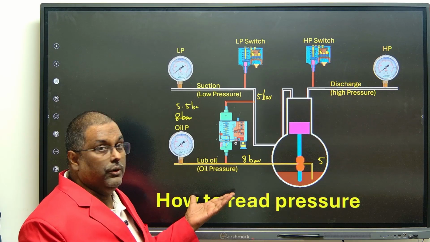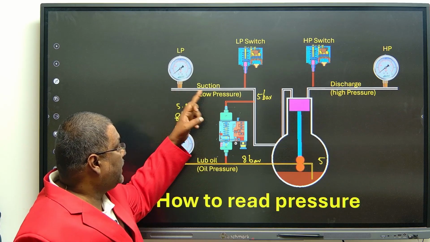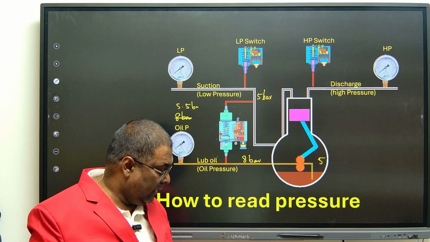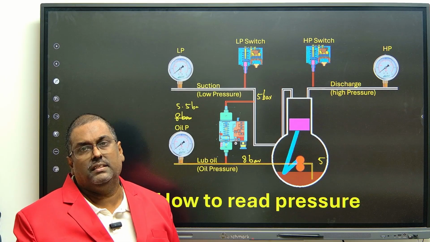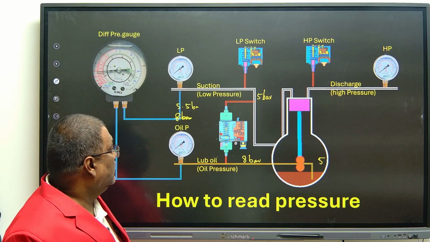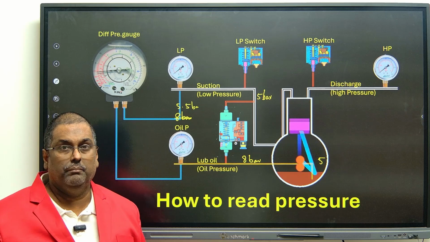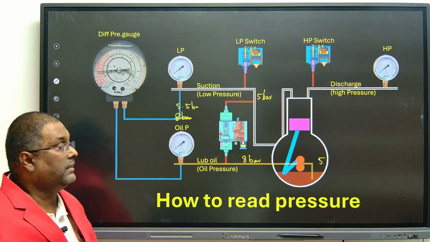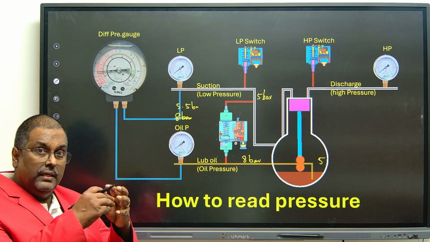Okay, so now you got the idea, and here we have to subtract because of the separate pressure gauges. There is one more gauge, a dual gauge, that is a differential pressure gauge. It is used in some reefer mechanisms; yesterday in the last class we also discussed this. Here there are 2 pressure gauges, one inside the other.